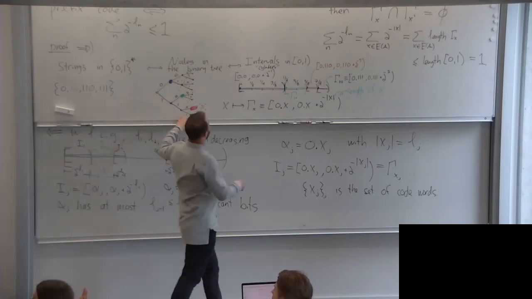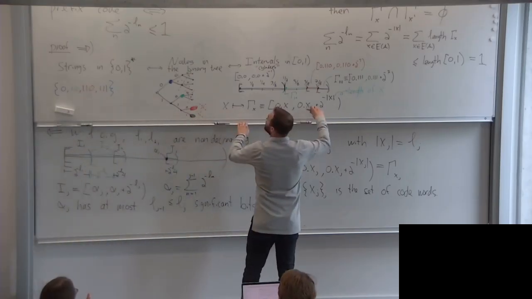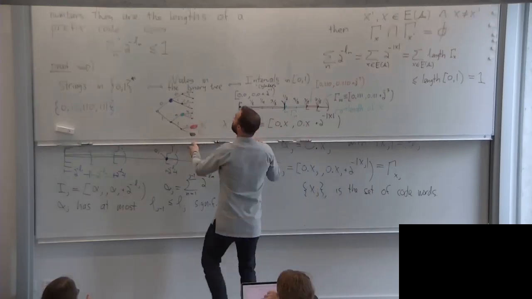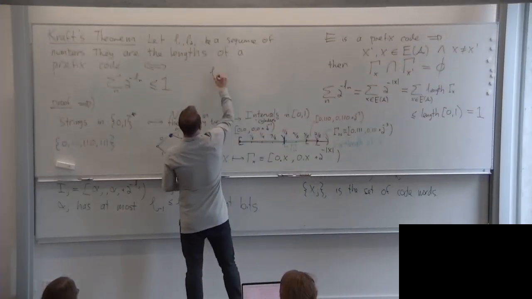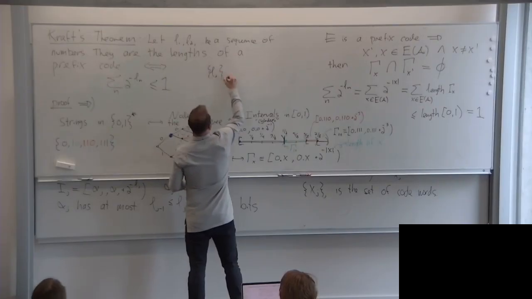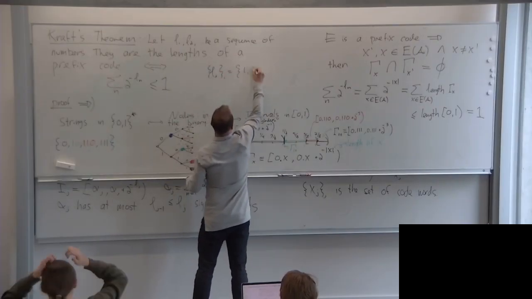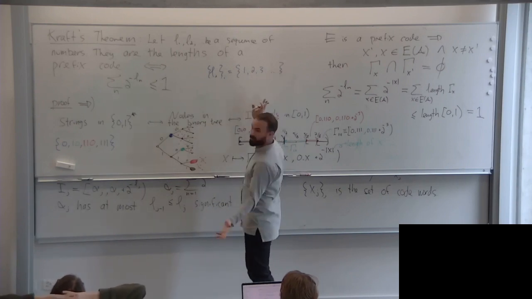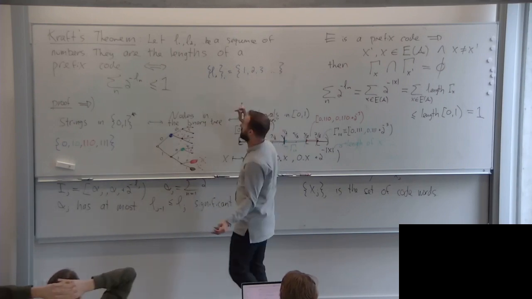Wait, I didn't catch the confusion there. I cannot start summing at 0. If my Li is equal to 1, 2, 3. Let's verify, just for fun, if that fulfills Kraft inequality.